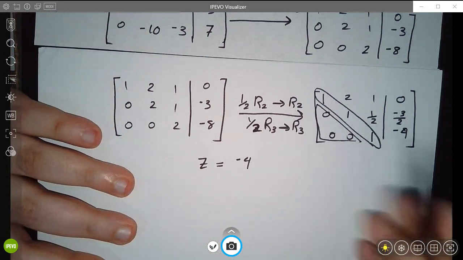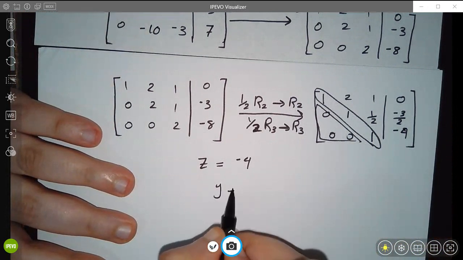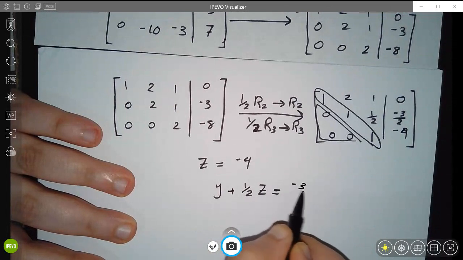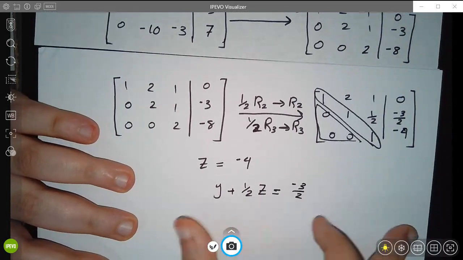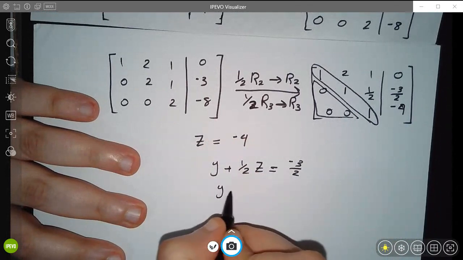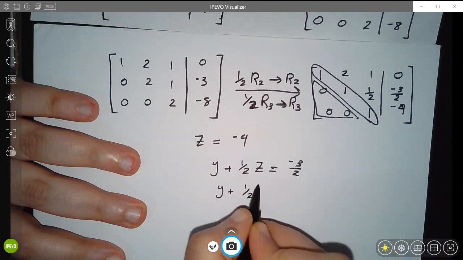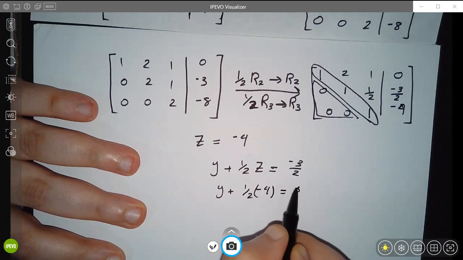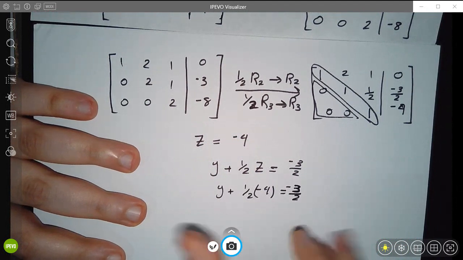All right. Now from the second equation, I can see that it's y plus 1/2 z, and it equals -3 over 2. So since I know what z is, let's plug in the -4. So y plus 1/2 times the -4, and it equals -3 over 2.